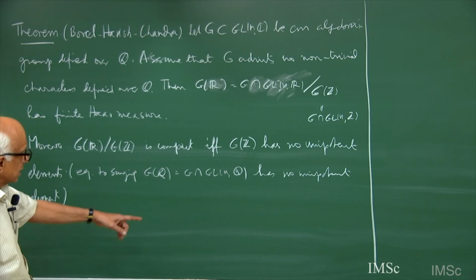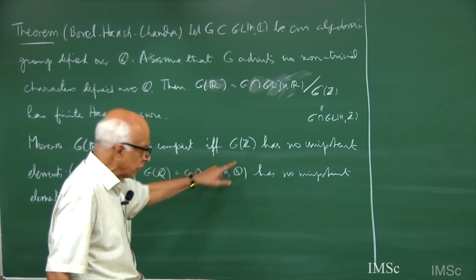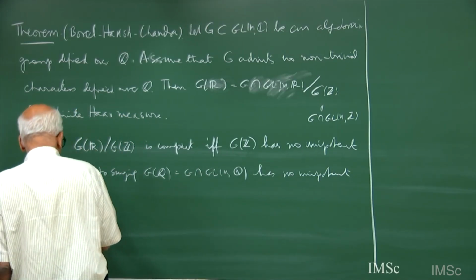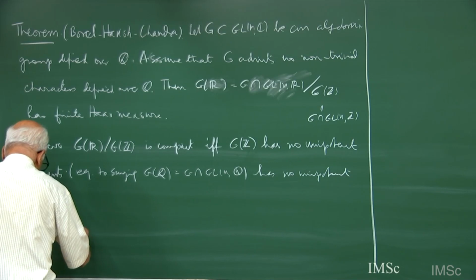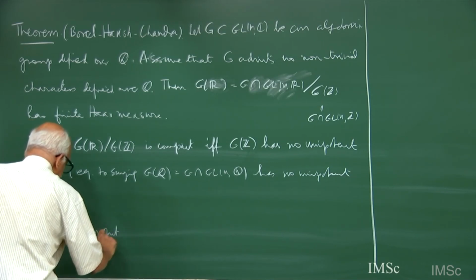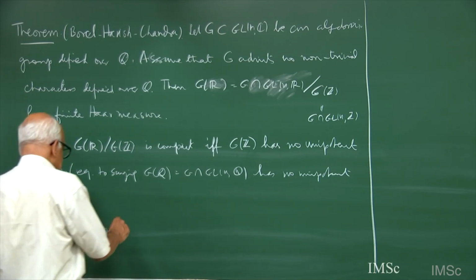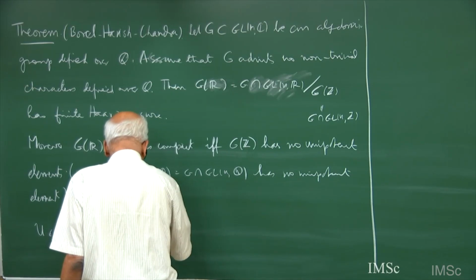See, if GQ has a unipotent element, then GZ also has a unipotent element, for the following reason. If U in GQ is unipotent, that means all eigenvalues are 1, which also means U minus 1 is nilpotent.